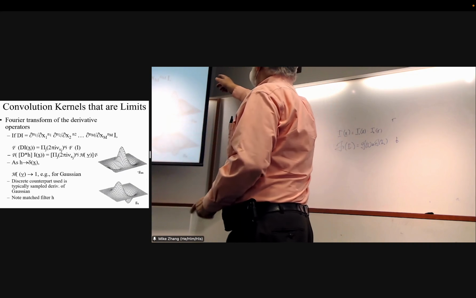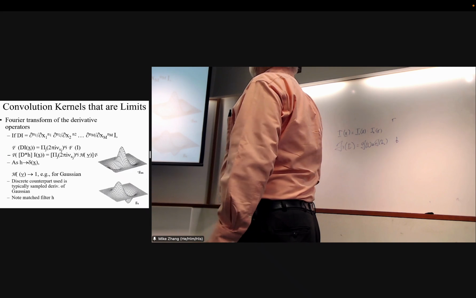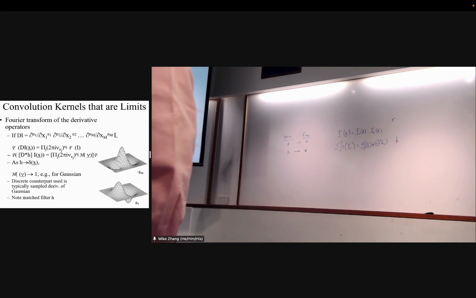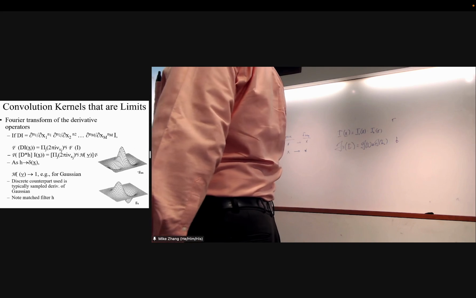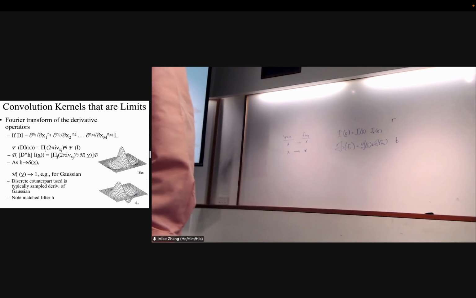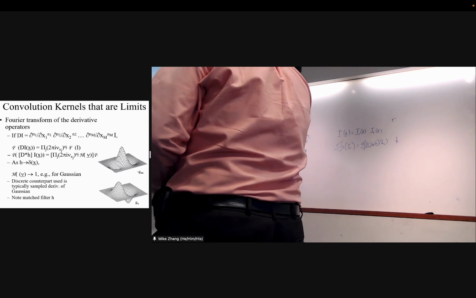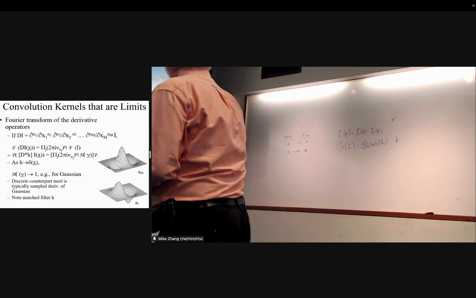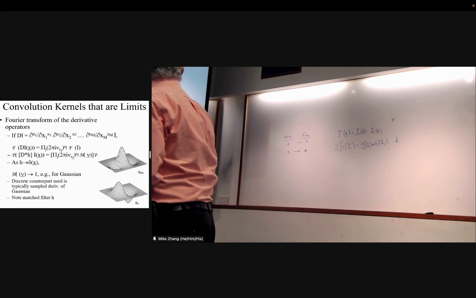So if you first apply, say, the derivative of order 1 with respect to x sub m, you'll get a 2 pi i nu sub x sub m. And you apply it one more time on x sub m, and you get another 2 pi i nu x sub m in the frequency domain, multiplying. And then you do that n sub m times, and you get 2 pi i nu x sub m to the n sub m power.